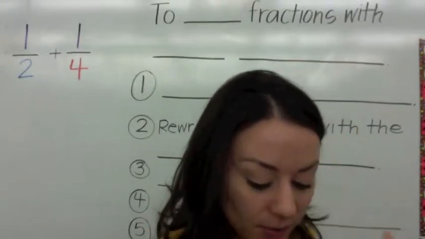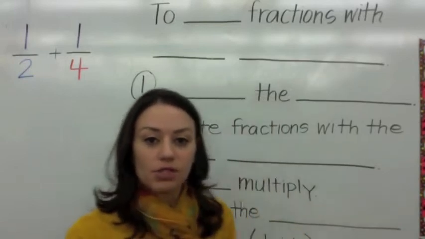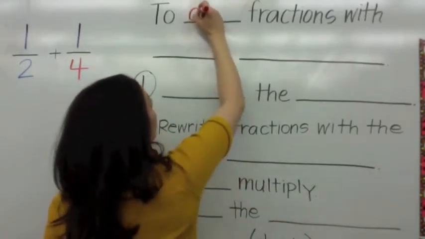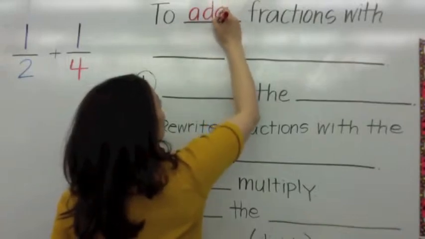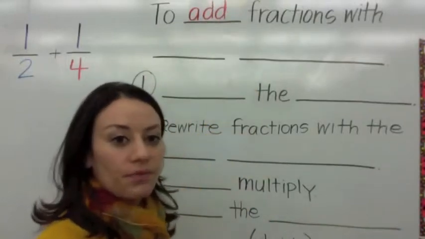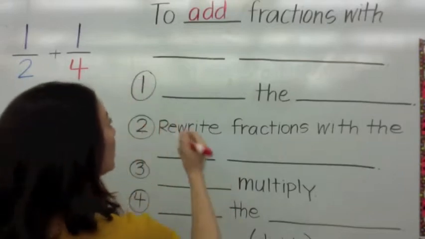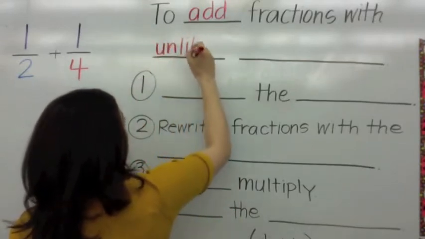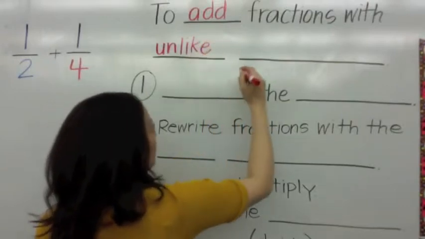So let's go ahead and read the steps and write them down. So it says in the blank, you're going to write add fractions with unlike, which means they're not the same, denominators.